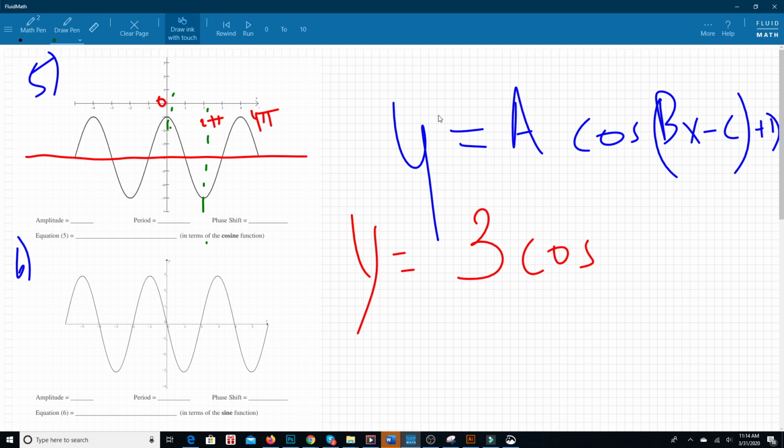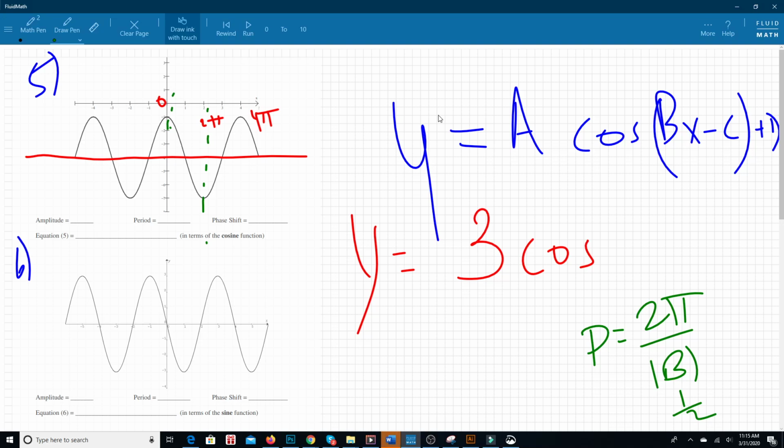So when we're looking for what the value of b is going to be, again, we still have to keep in mind the period. Period is equal to 2 pi over b. But in this case right here, our b is going to be the number of times it pops up from 0 to 2 pi. From 0 to 2 pi, it actually pops up a half of time. So it's 1/2. B is 1/2.